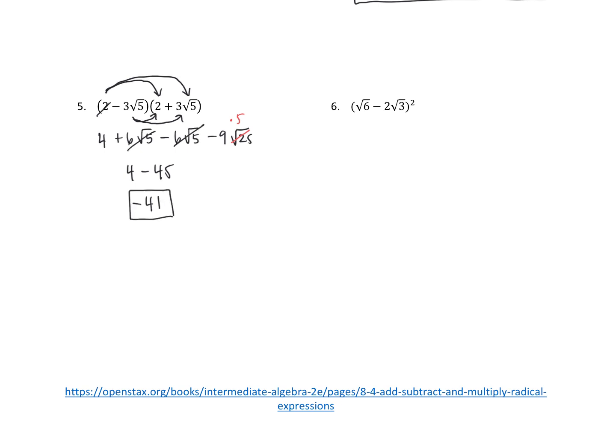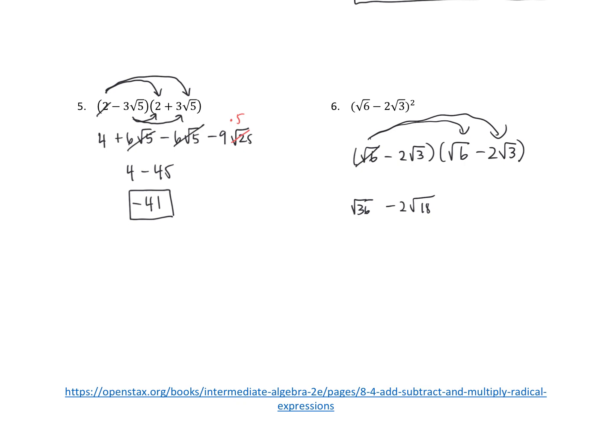All right, number 6. We have this binomial squared. So what you really want to do to make sure that you don't make a mistake is write it down twice. So you're multiplying this by itself. So square root of 6 times square root of 6 is square root 36. This is going to be minus 2 times the square root of 18.